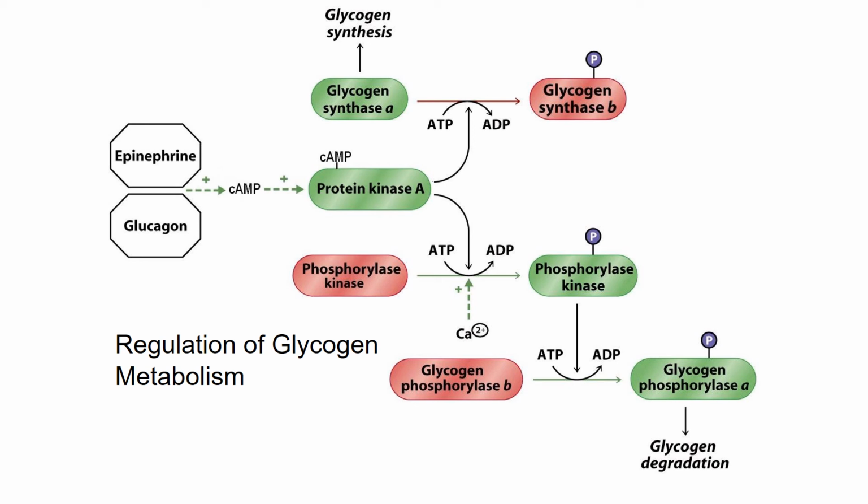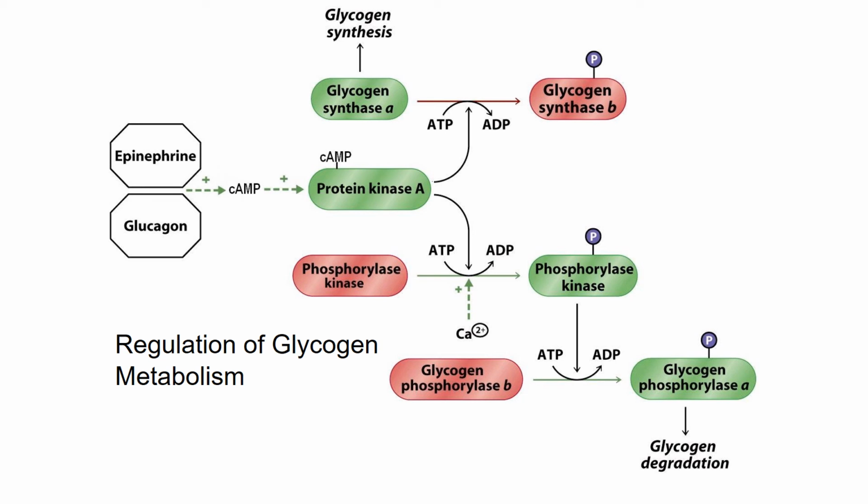Okay, so that activates this second messenger cyclic AMP. So if we have our fight or flight response going on, we do not want to synthesize glycogen. We want to break it down so we have increased concentrations of glucose in our blood.